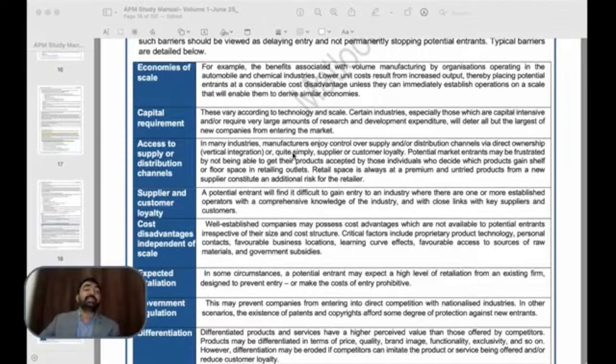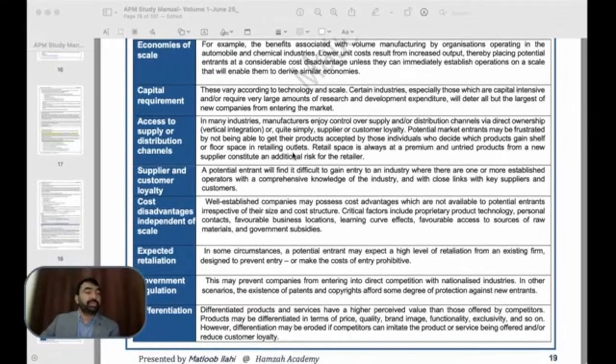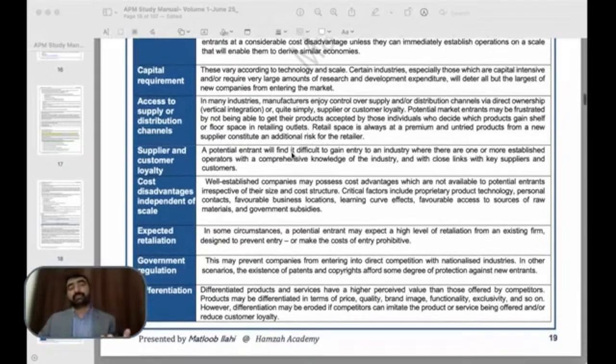Next, access to supply or distribution channels. Sometimes this would become a barrier for new vendors because they may not have access to the distribution channels or supply channels, or they might have difficulty sourcing raw materials, ingredients, and other components required for their production. Or on the other side, they may not have access to distribution of their products to end consumers.